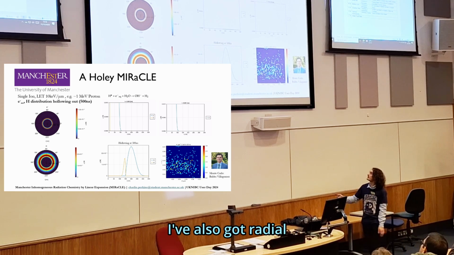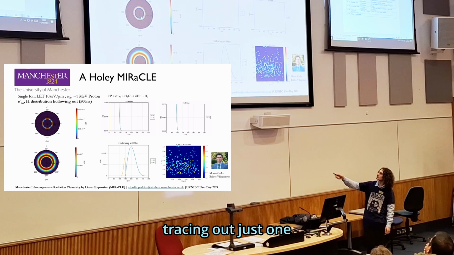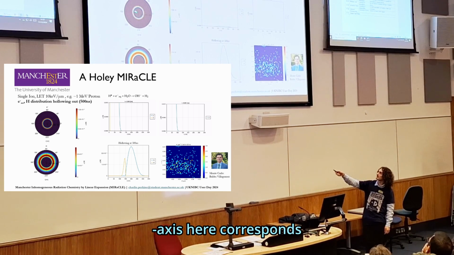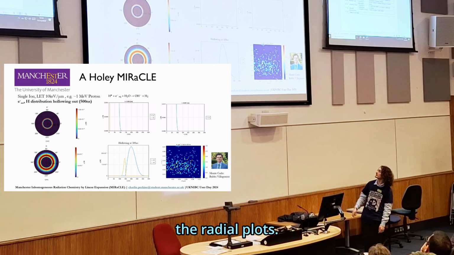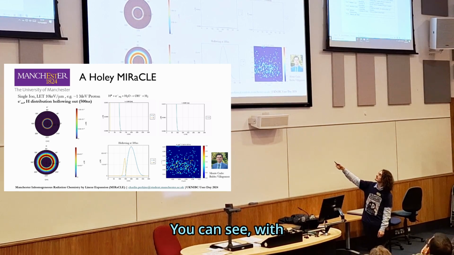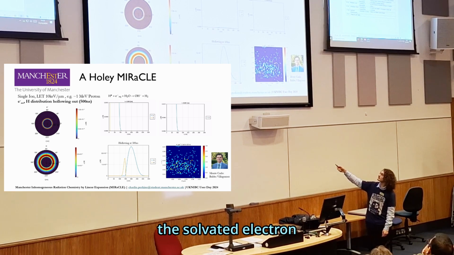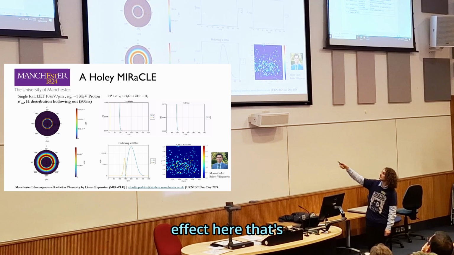I've also got radial plots, tracing out just one dimension along the edge, where the height on the y-axis corresponds to the concentration. You can see with these animations of the solvated electron concentration over time, there's this hollow effect that's being pushed out.